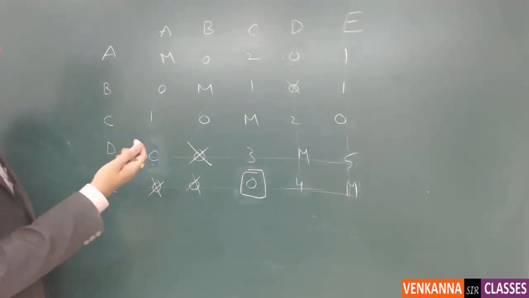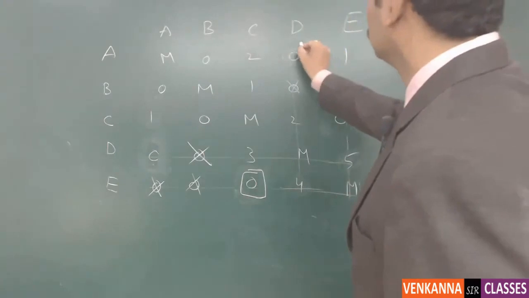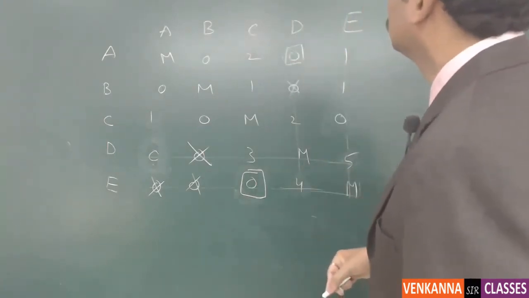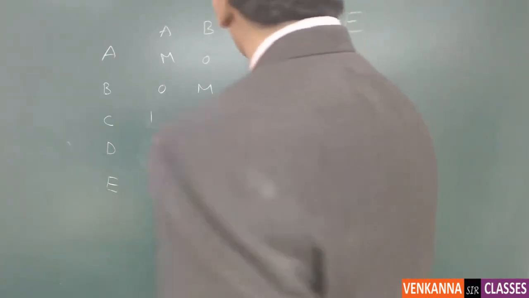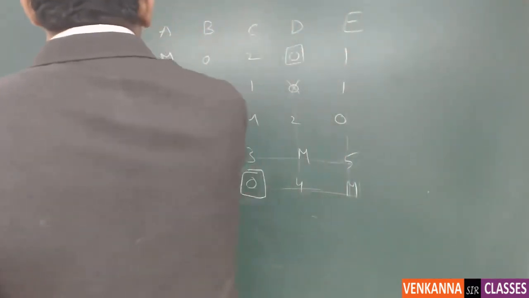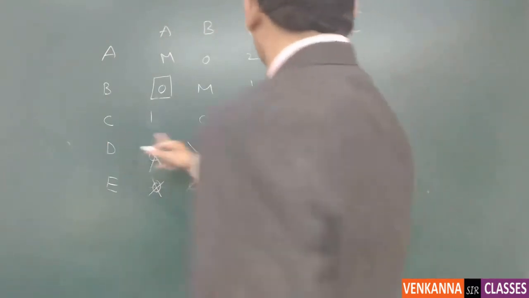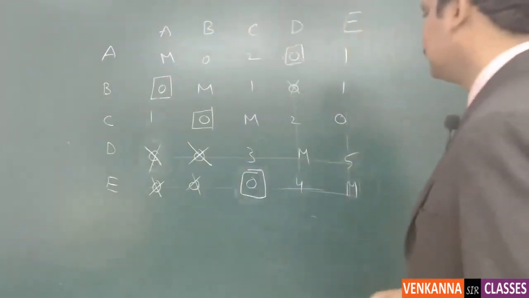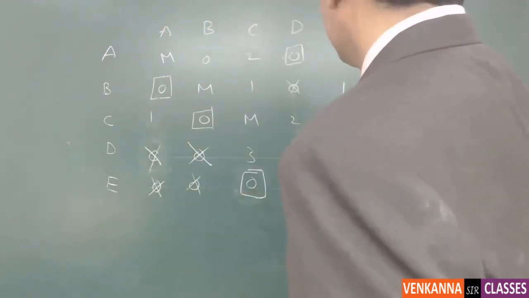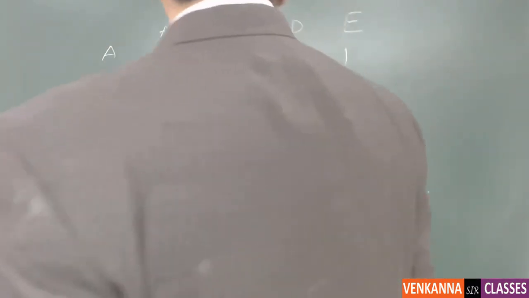Suppose I have taken allocation for this one. The zeros here get cancelled. If you have done an allocation here, these two get cancelled. These get cancelled. Nothing is left here. And this is completed. Coming to the columns.